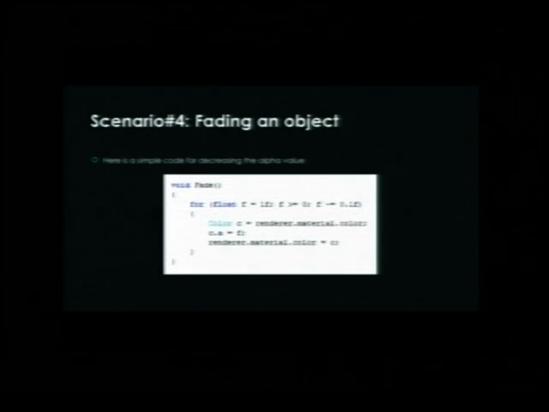Yes, because it's a normal function. A normal function will run from the beginning to the end in just one single frame. That's the reason why the object disappears instantly. The for loop was run 10 times in one single frame.